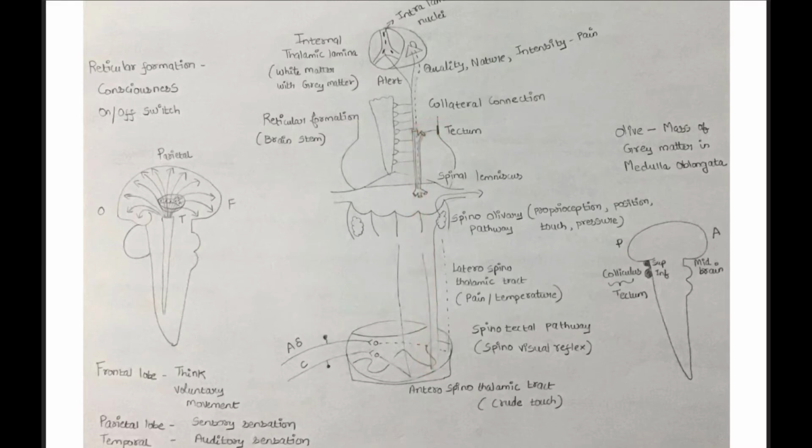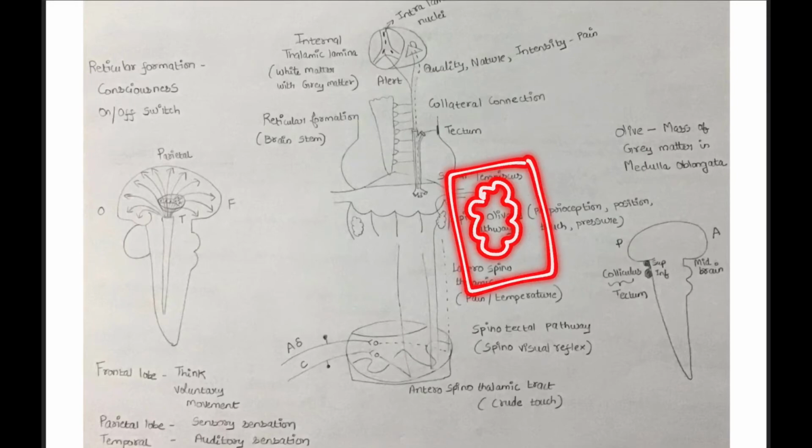And there are other sensory nerve fibers from the anterolateral system that go to the olivary structure. What is this olivary structure? It is located in the medulla oblongata, and it has only cell bodies of neurons, that is, it is a mass of gray matter.